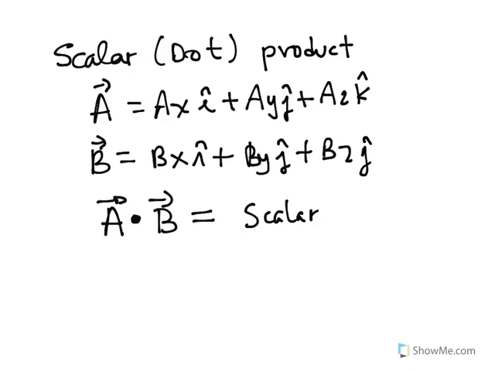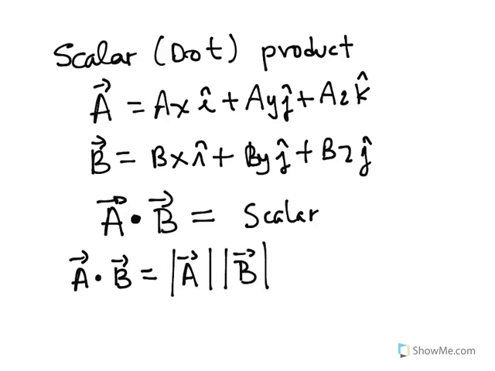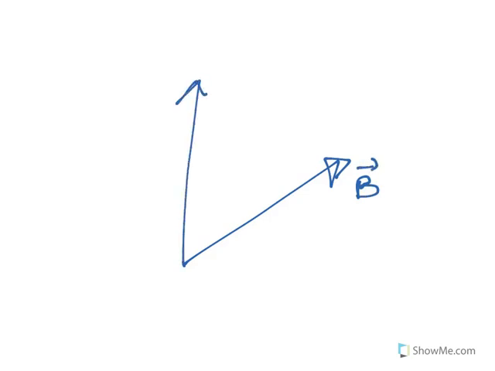And by definition, for instance, A dot B is going to be equal to the magnitude of vector A times the magnitude of vector B times the cosine of the angle which is between vector A and vector B. Such that if we have, for instance, vector B running in this direction and vector A running in this direction, this angle is going to be the shortest angle between both of them.